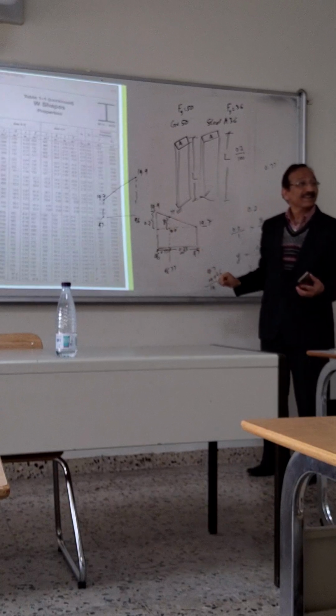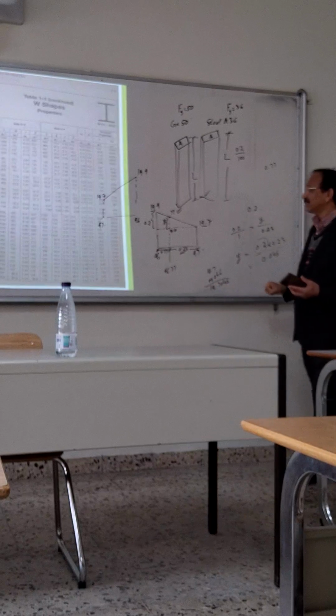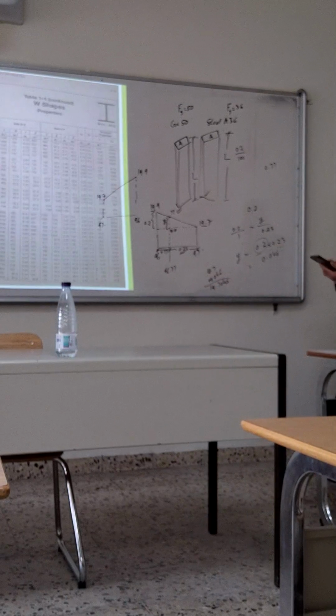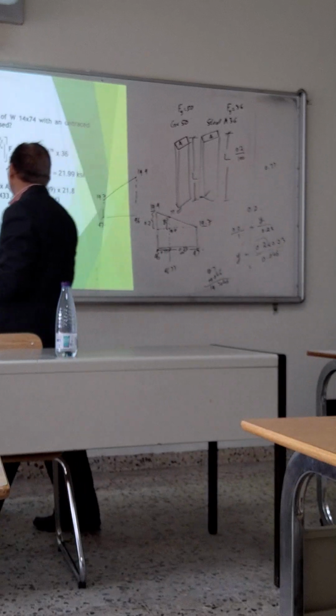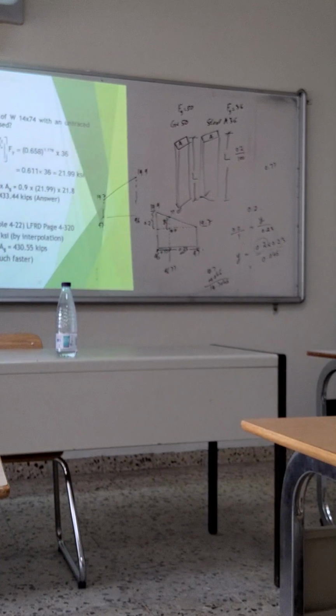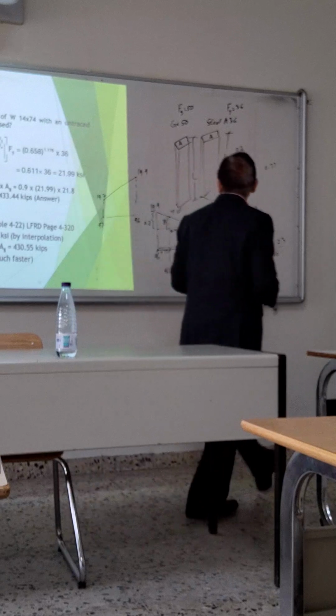I thought the line is divided. That's fine. So now we get this value and then phi c FCR. The first one is easier.